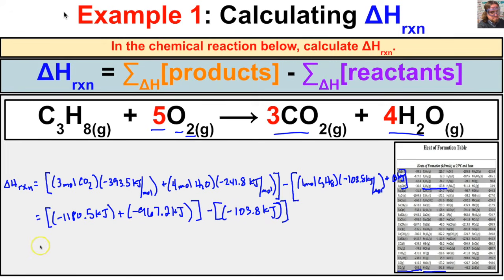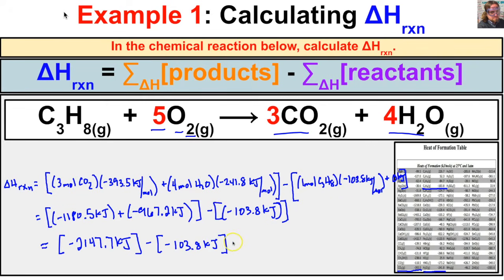Okay, so what this ends up becoming, in these brackets right here, we're going to have negative 2,147.7 kilojoules, and we're going to subtract negative 103.8 kilojoules.